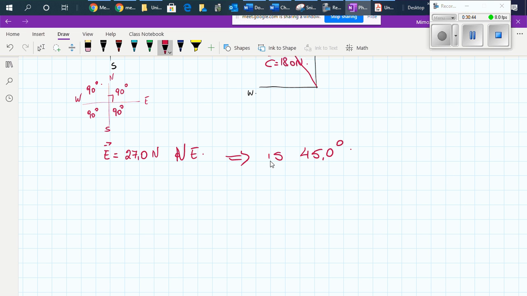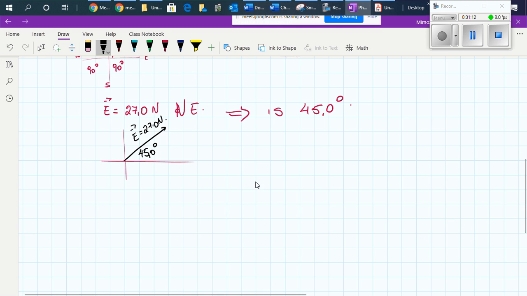The way that we will draw it will be north here, east here, and then the vector is at 45 degrees. With which axis doesn't really matter. You can draw it with north or you can draw it with east, it will give you the same result. And this is vector E with magnitude of 27 newtons.